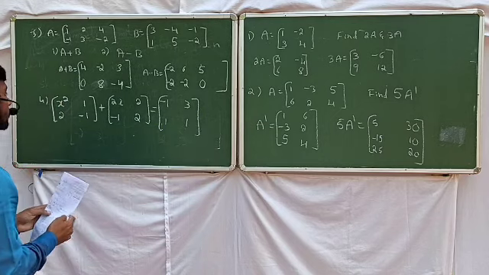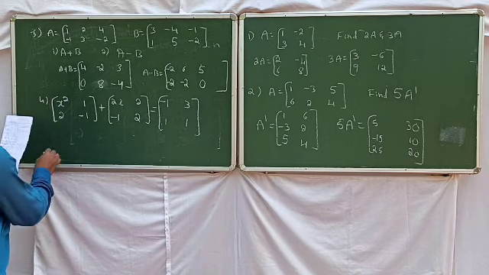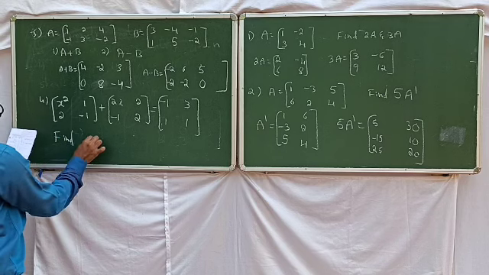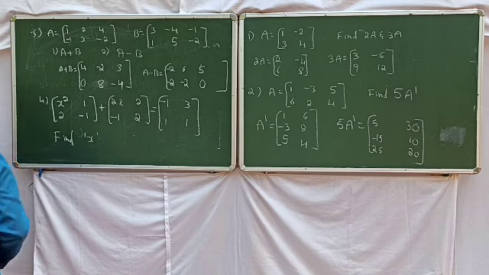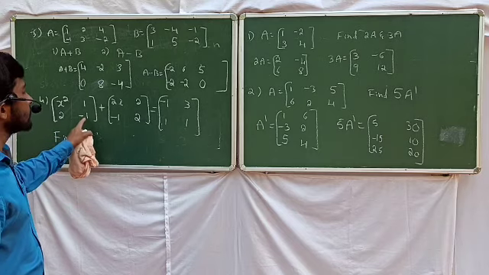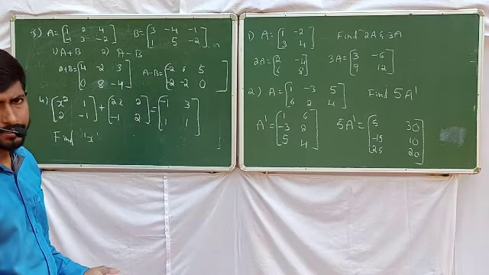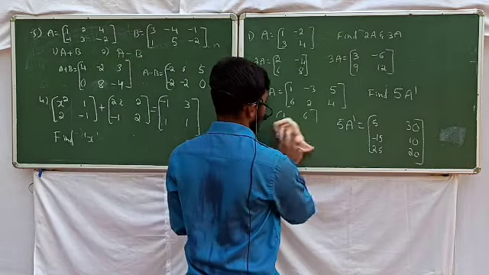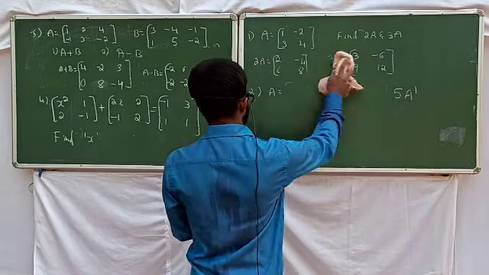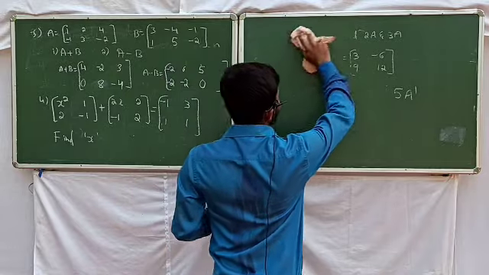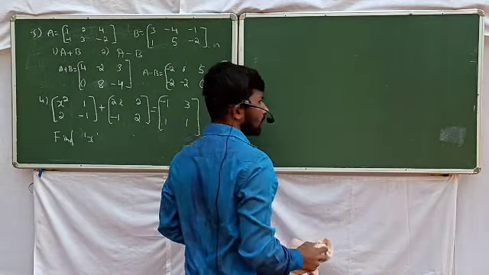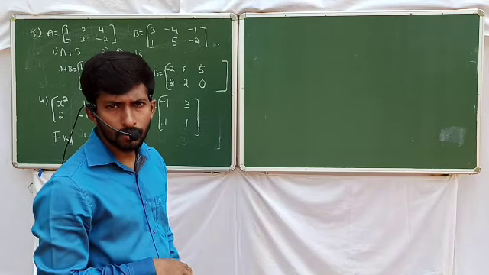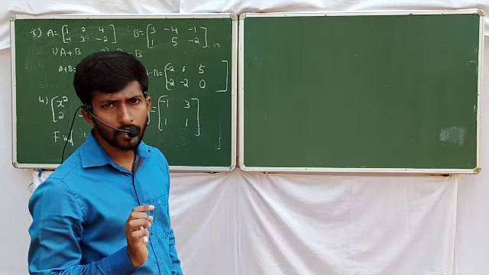Okay, the question is to find the x value. Okay, see, we know the sum of matrices is again a matrix. Matrix equal to matrix, equality of matrices. What's the condition? When two matrices are equal, that means their corresponding elements are equal. One more thing is their order is also equal.